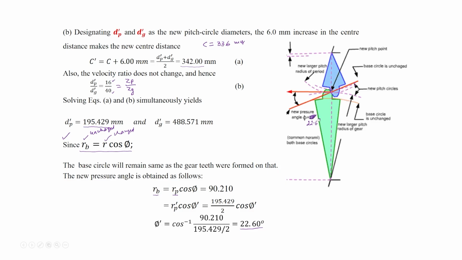So with the change in center distance, the pressure angle changed from 20 degree to 22.6 degree, but it will continue to satisfy the fundamental law of gearing, and thus velocity ratio will remain unchanged.